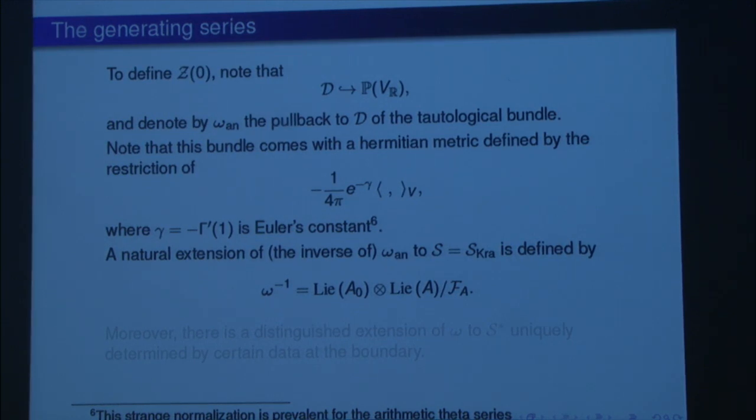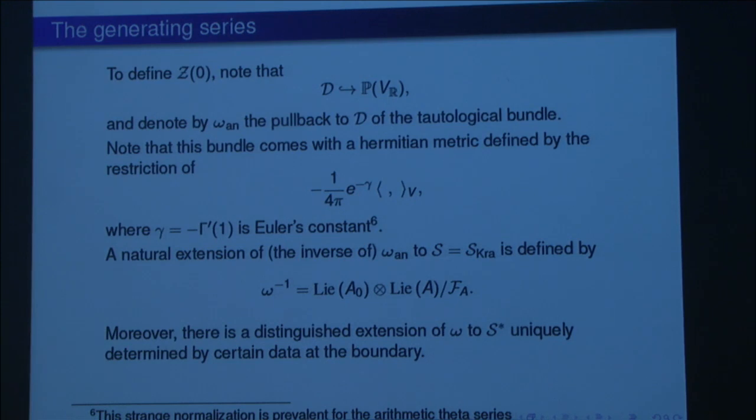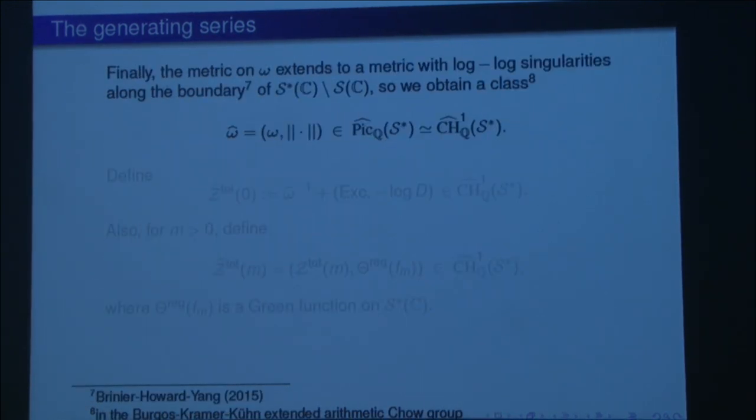Okay, so anyway, there's a natural way of extending. Here I've told you what the line bundle is on the generic fiber. On the Kramer model, you can express it using the Lie algebras and this extra data which was given on the Kramer model. And then there's a way of extending to the boundary, which is even too much detail for me, so I'm not going to mention it. Okay, so there's a line bundle, and it's a metrized line bundle. In fact, I told you what the metric was.